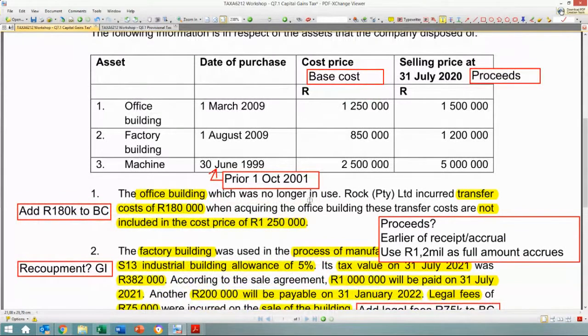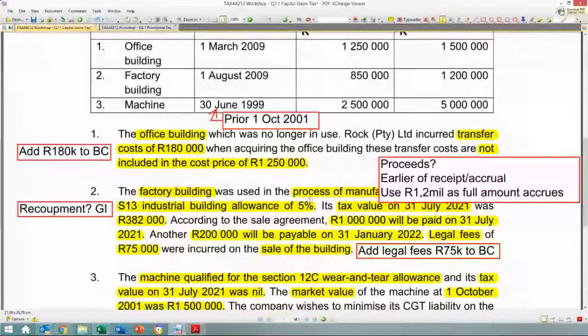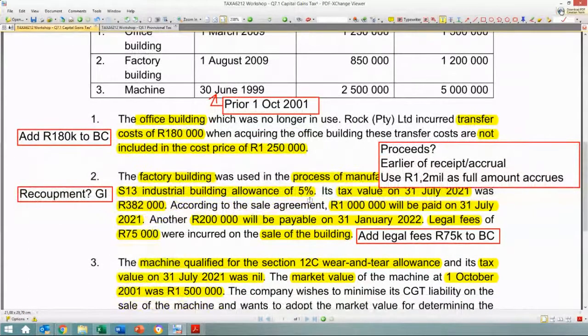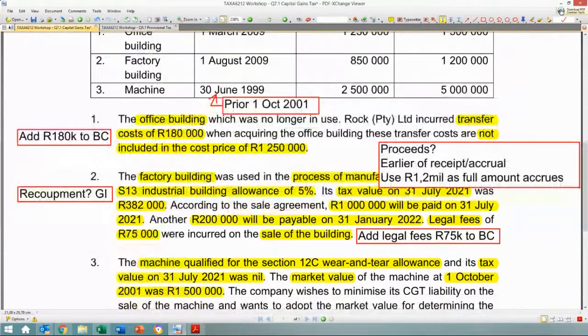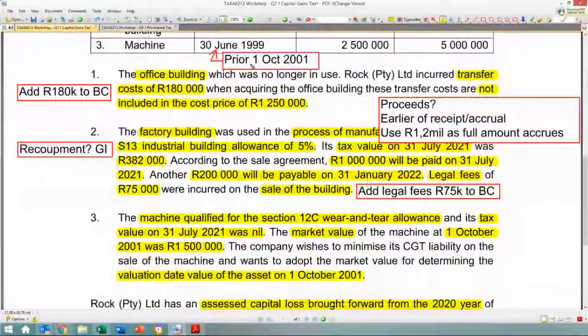Based on the information they've given us, the market value, we do not have the TABC, the time apportionment base cost, and the proceeds, we know the proceeds is 500,000, but we would have to adjust the proceeds amount with any recoupment. That's what I have to include in here as well.